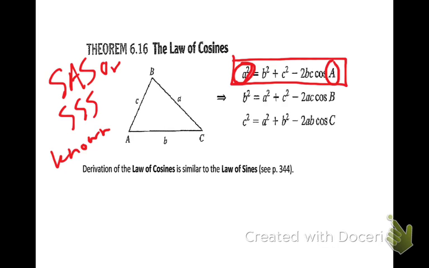But here's an example on the next page of when you use it. We have a side, included angle, and a side known. I don't have a figure 8, so I'm going to use law of cosines.